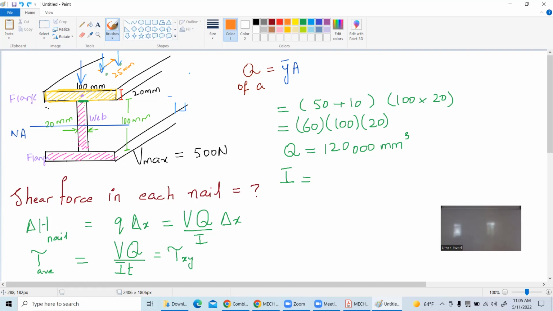And plus Ad squared, the parallel axis theorem. Anyone who gets the answer, tell me. Don't hesitate, even if you think the answer is wrong.